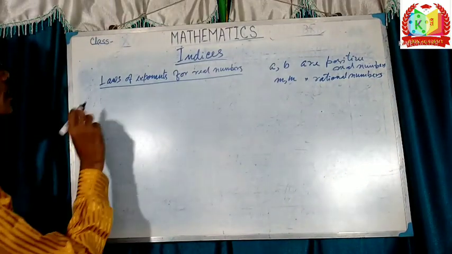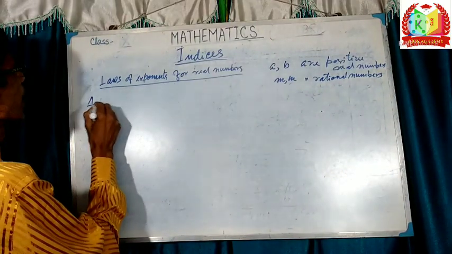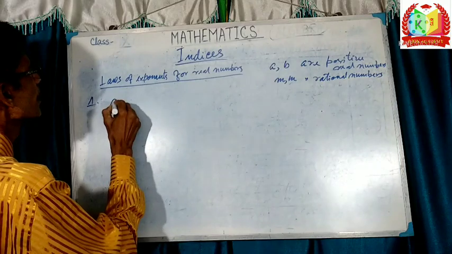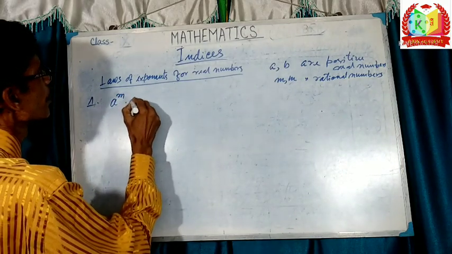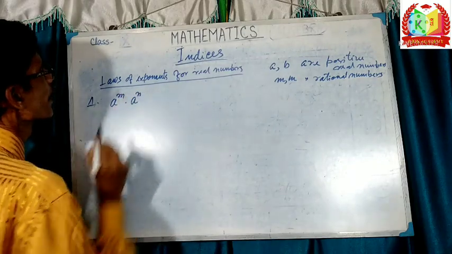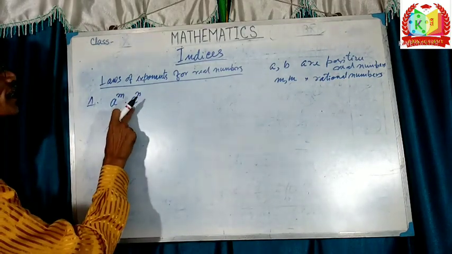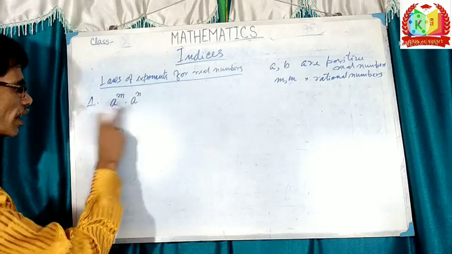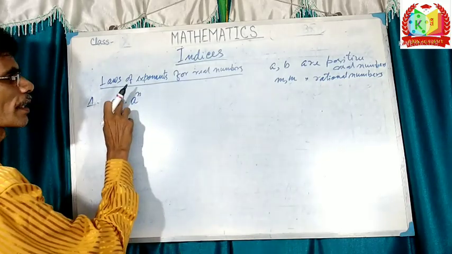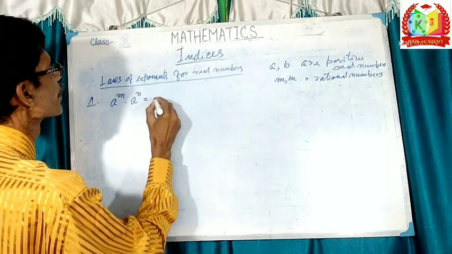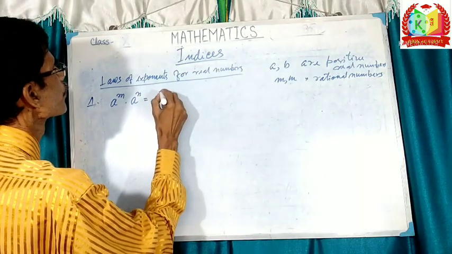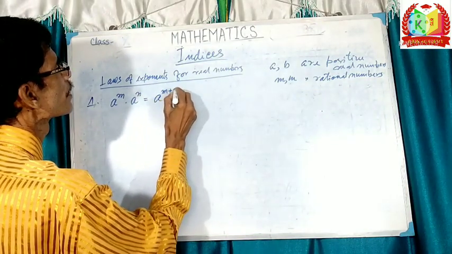Then number 1, a to the power m into a to the power n. Here base is equal but power index is different. Then a to the power m plus n.